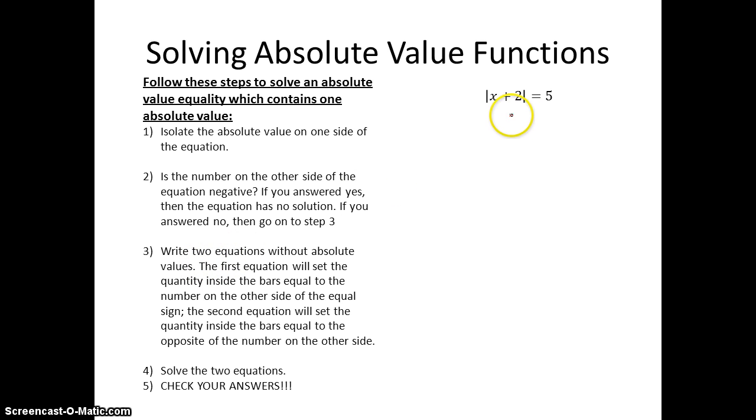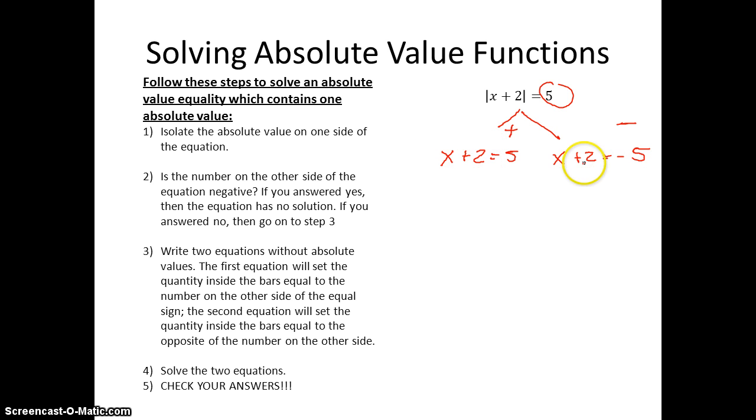Now we're going to split it. So we drop our absolute values now, and now I have just x plus 2 equals 5. And then I'll also have an x plus 2 equals negative 5. So everything on your right-hand side that's not absolute value, you're going to have one positive side and one negative side.